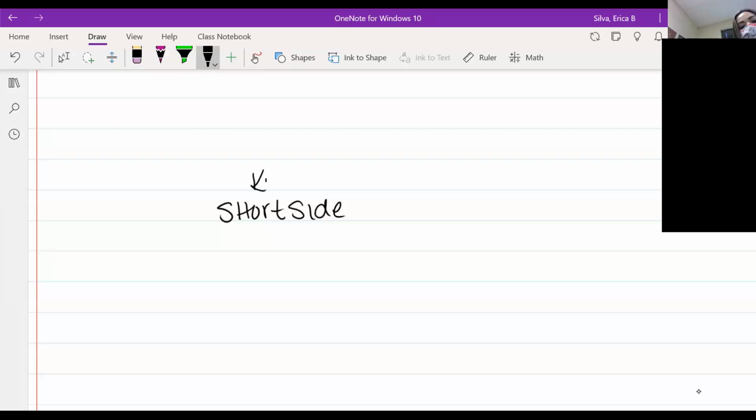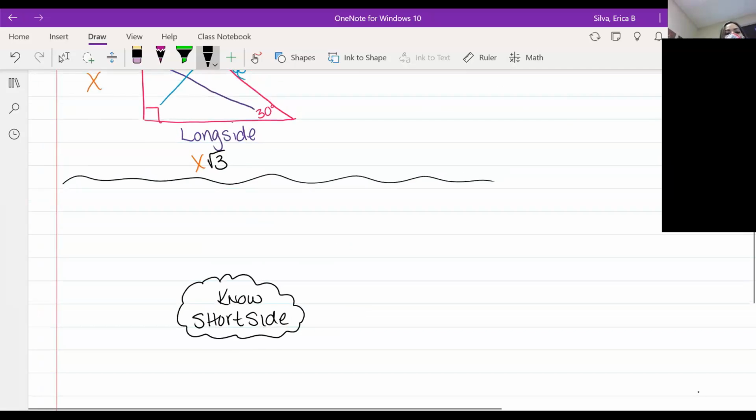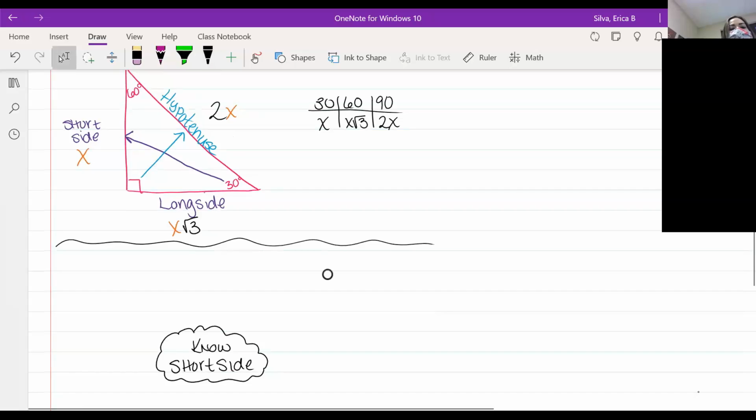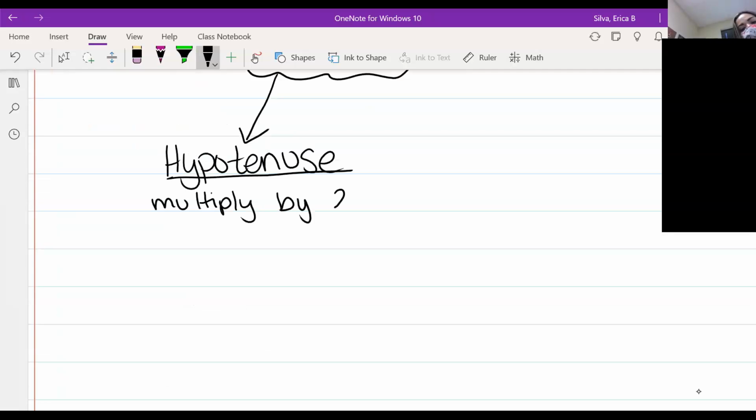Now, if our short side is known, which is my x, in order to find the hypotenuse, we're going to multiply the short side by 2, which means my hypotenuse is equal to the short side times 2.